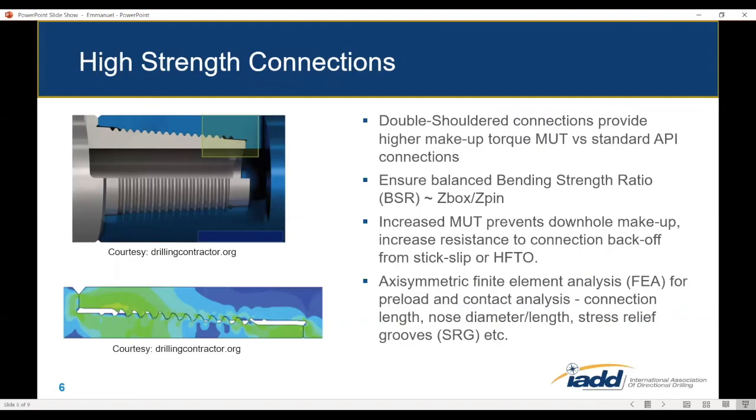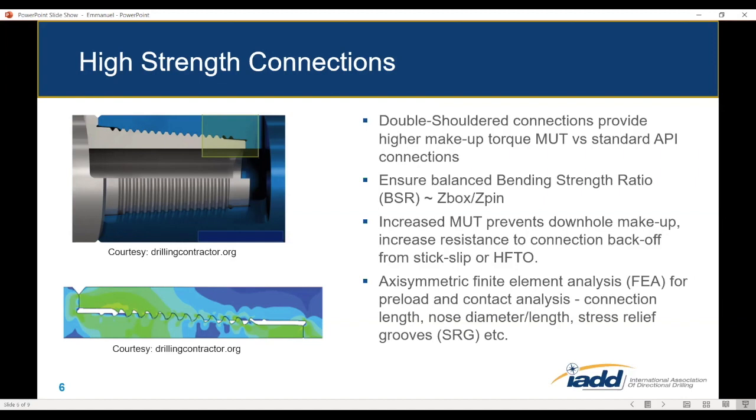High-strength connections. We're talking about higher torque applications. The motor is putting out that much torque, so we're going to be seeing a lot of stick slip downhole, high-frequency torsional oscillations, and the design of the threads and connections has to change. We're seeing a lot of double-shouldered connections in our tools. And you don't just throw in double-shouldered connections.